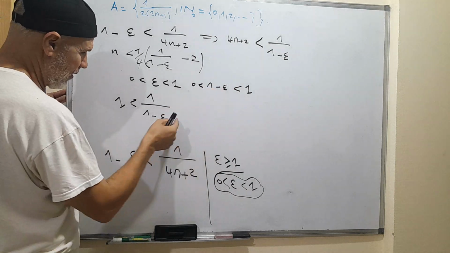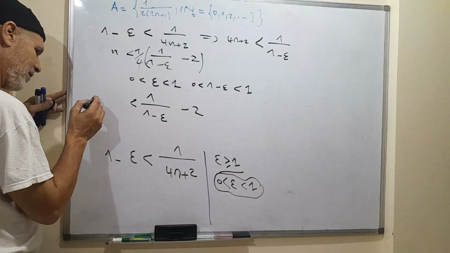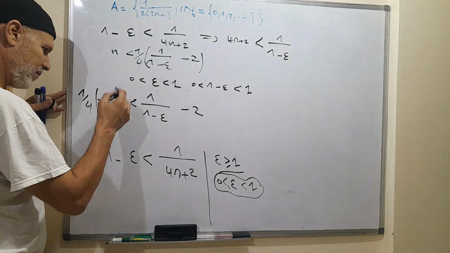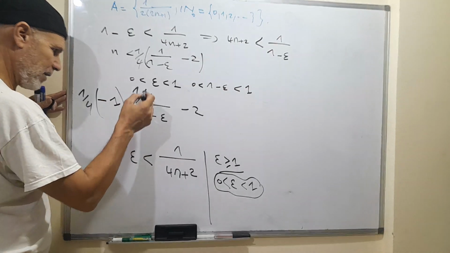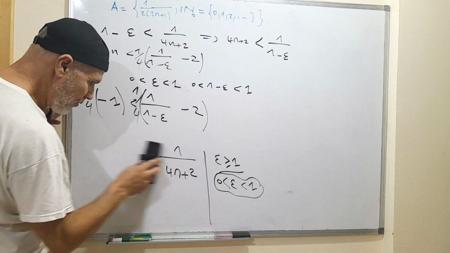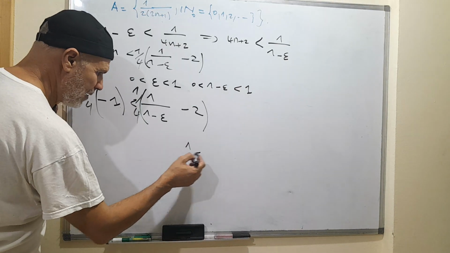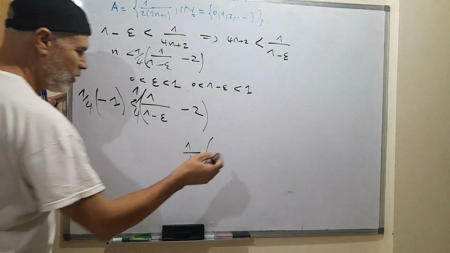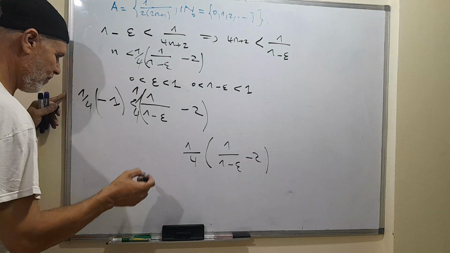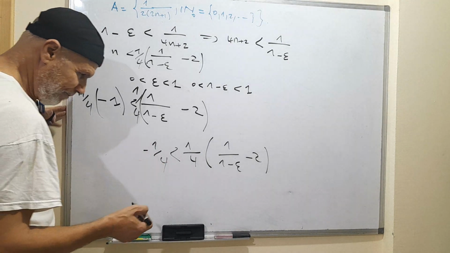Minus 2, this means minus 1, times 1 quarter. Final result: 1 over 1 minus epsilon minus 2 is strictly greater than minus 1, times 1 quarter.